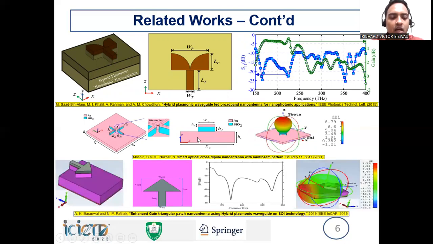After that, an enhanced gain triangular patch nanoantenna using hybrid plasmonic waveguide on SOI technology was proposed by A.K. Branwell et al. The proposed nanoantenna has satisfactorily gained 7.792 dB and S11 of -12.86 dB at the optical telecommunication wavelength of 1550 nanometers respectively.